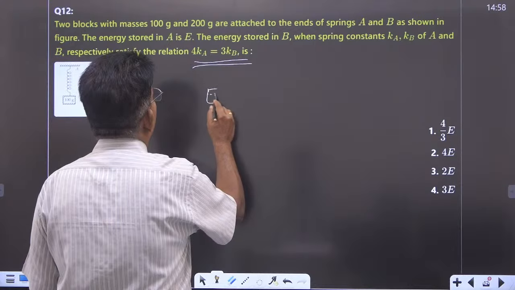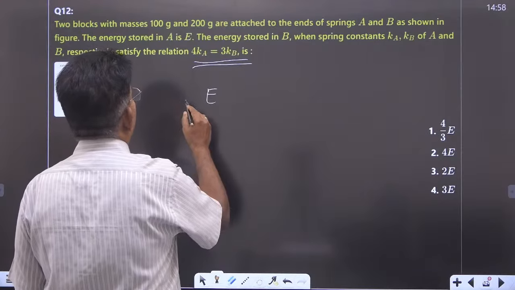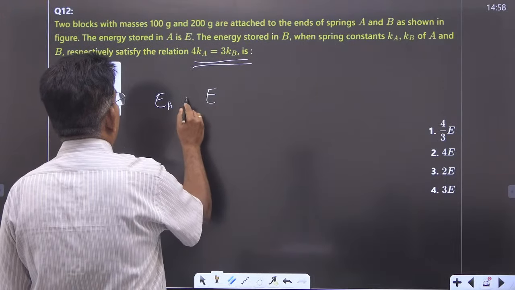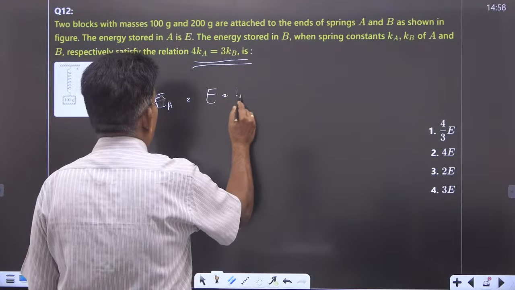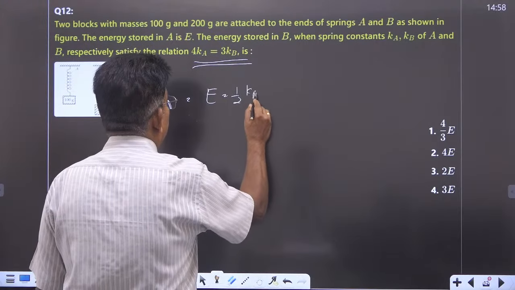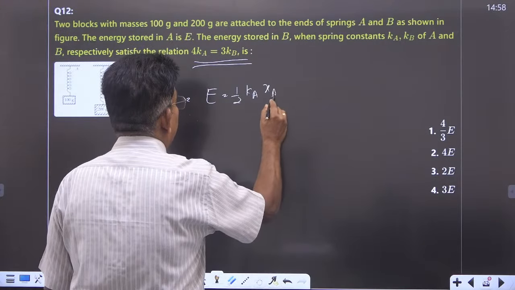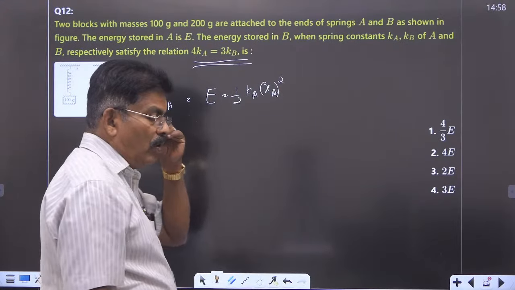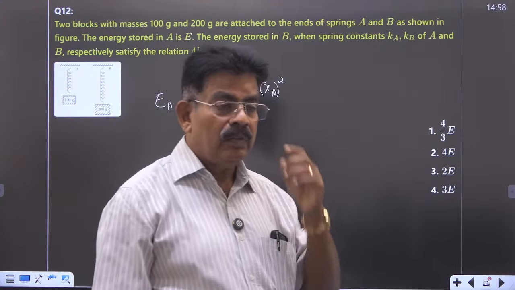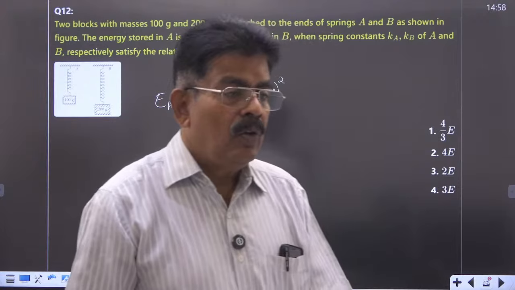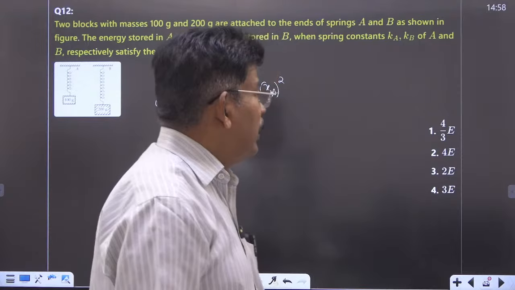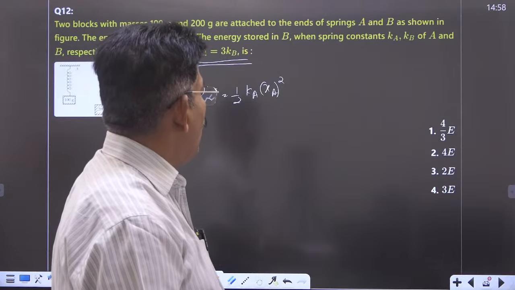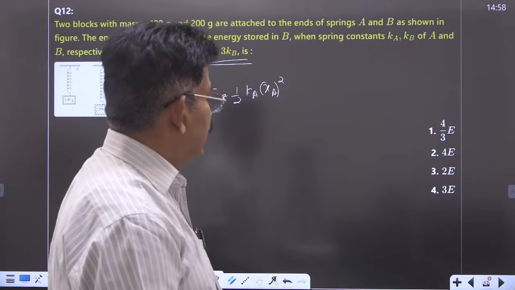The energy of A, I write EA is equal to half Ka into Xa square. You can calculate Xa separately and you can calculate the energy.